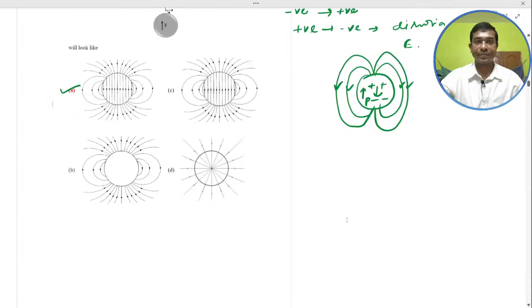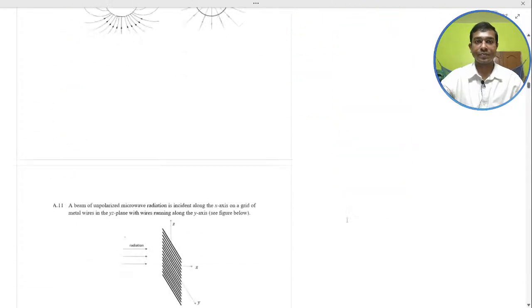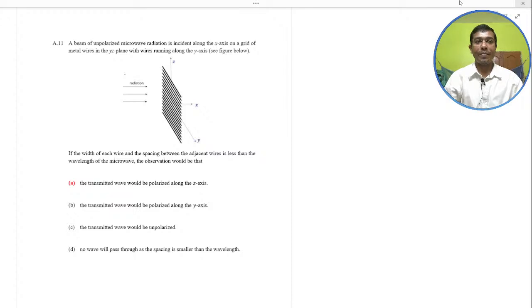Next, a beam of unpolarized microwave radiation is incident along the x-axis on a grid of metal wire in the YZ plane with wires running along the y-axis. The width of each wire and the spacing between adjacent wires is less than the wavelength of the microwave. The observation would be what?